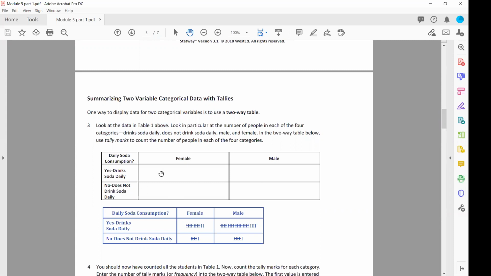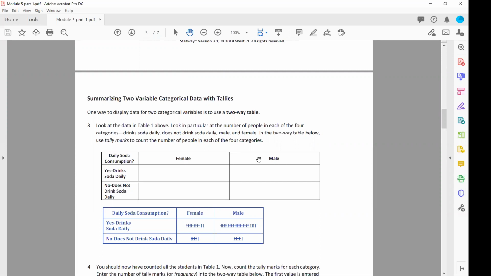So take a look at this two-way table. Daily soda consumption, yes, no. This is your first column. The second column includes female. The third column includes male.